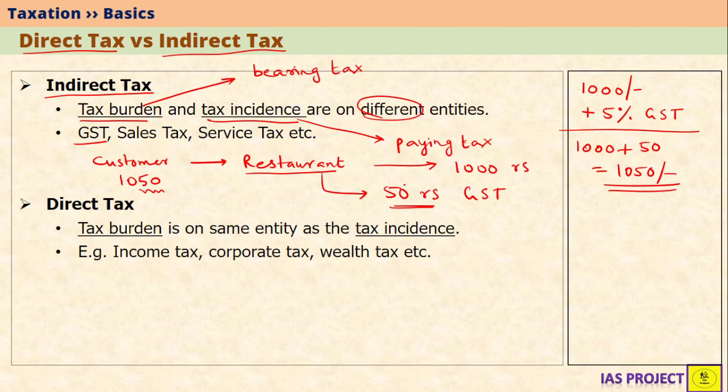So from this concept, we can understand that tax incidence is on the restaurant because the restaurant is paying the tax to the government. However, the money actually belongs to you. So 50 rupees is your money which you are giving to the restaurant, and then the restaurant is giving it to the government as GST. So tax burden is on you.